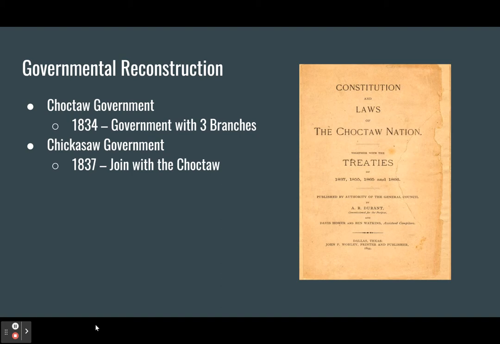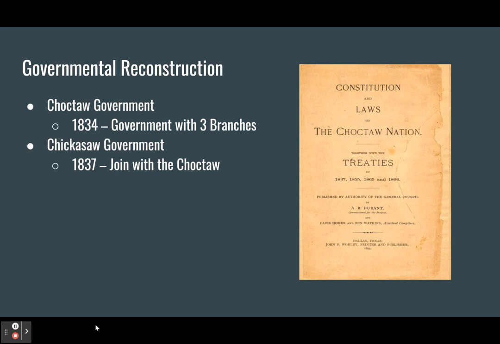They were so few in number that they just decided, you know what, we might as well join in with the Choctaws. But after several years, after 1855, they sign a treaty with the Choctaws to establish their own independence.